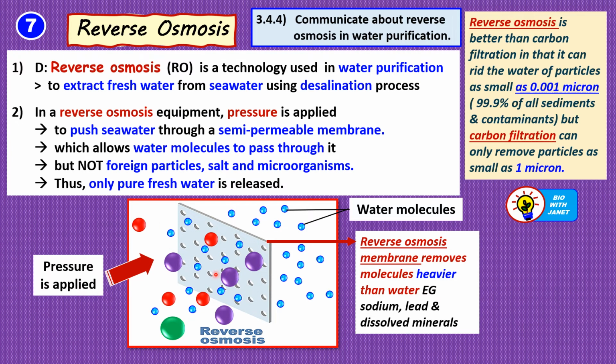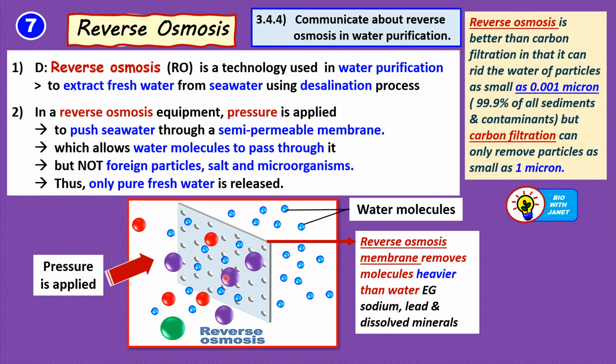which only allows the water molecules to pass through it. That means the membrane has very, very tiny pores that only allow H2O, water molecules, to pass through it, but not bigger molecules like fluorine particles, salt, even sodium ions and chloride ions cannot pass through this reverse osmosis membrane.